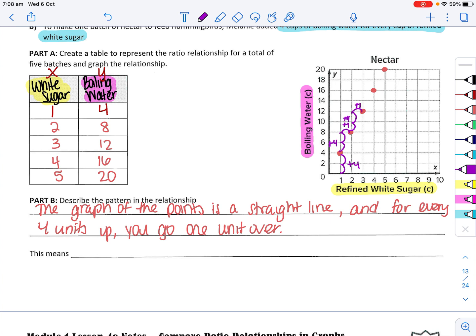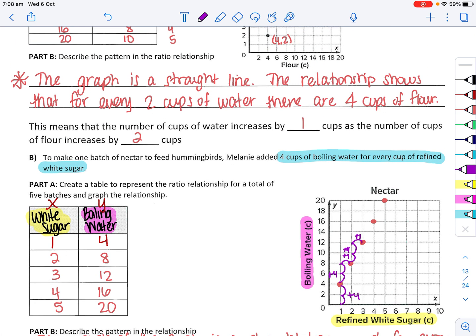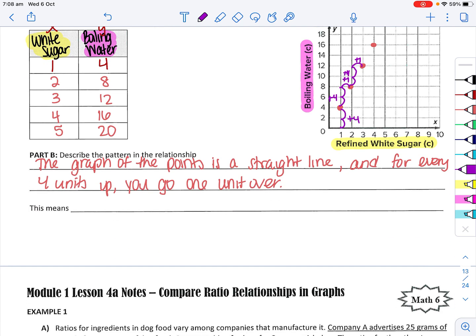So that's another way to describe it that's not using the actual wording from the ratio relationship. So up here, I said that for every 2 cups of water, there are 4 cups of flour. Down here, I'm describing literally what the graph is doing. It's going up 4 units over 1. So those are both valid ways to describe the situation.